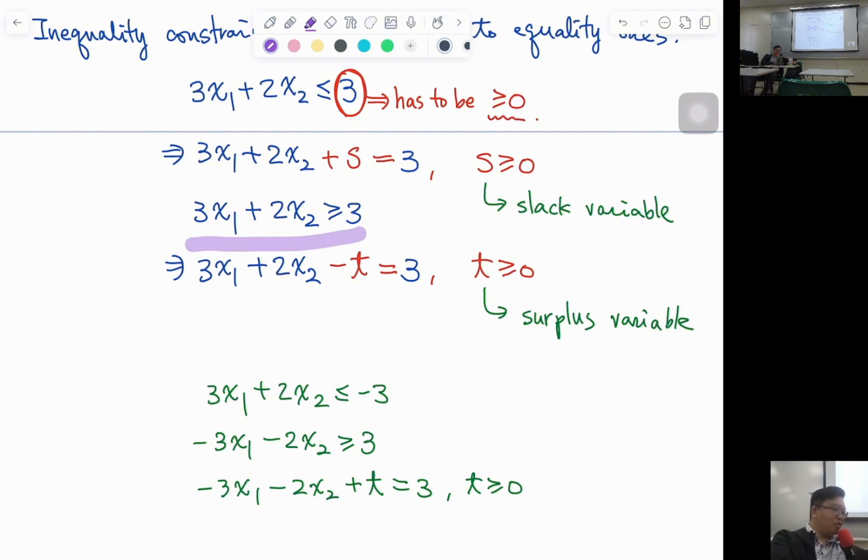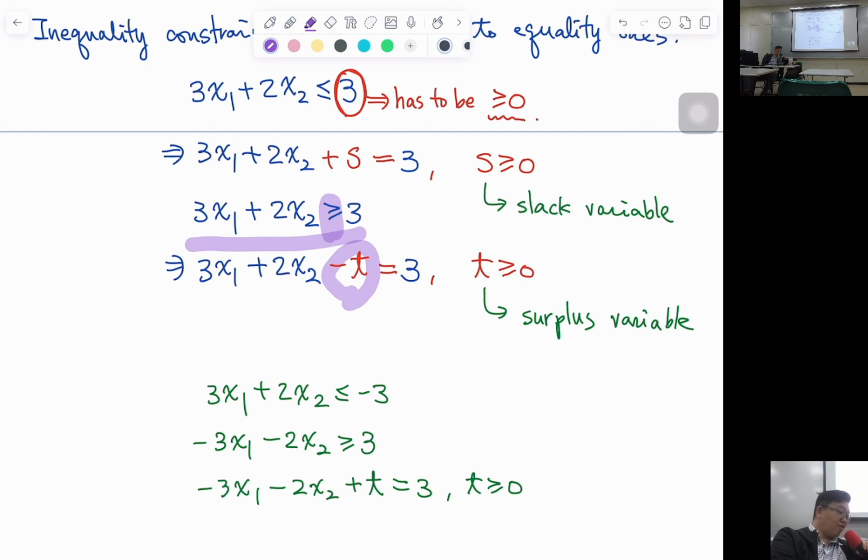Now, let's take a look at the second example. This time, because we have this larger or equal sign between the left hand side and the right hand side, we will introduce an additional variable with a minus sign in front.